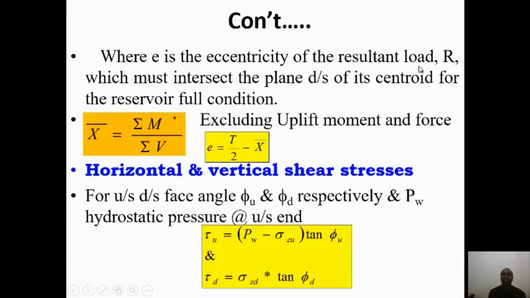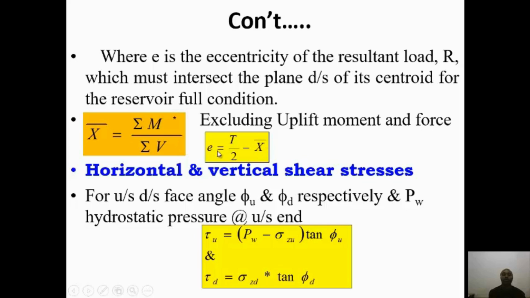Here E is the eccentricity of the resultant load R, which must intersect the plane downstream of its centroid for reservoir full condition. Excluding uplift moment and uplift force, you can use this equation for the centroid. Then finally eccentricity: eccentricity is T over 2 minus X bar.